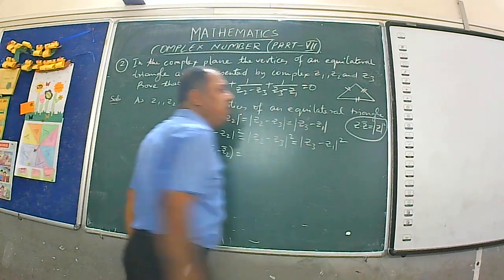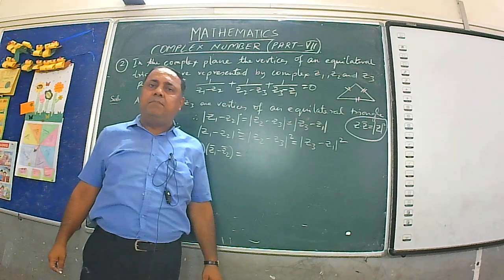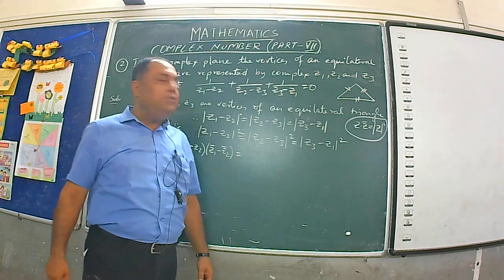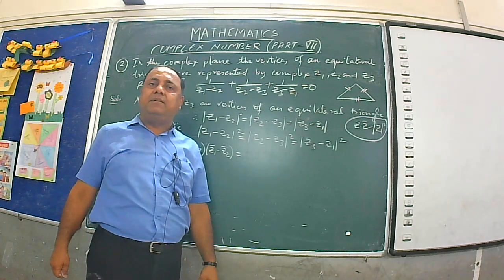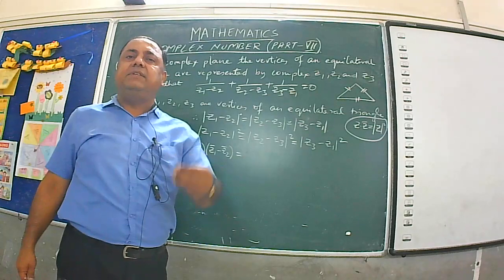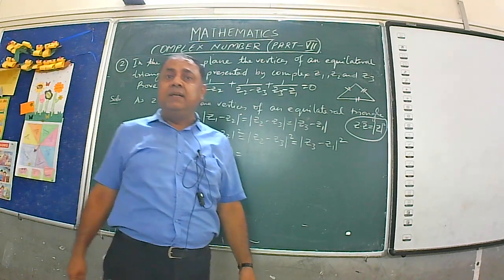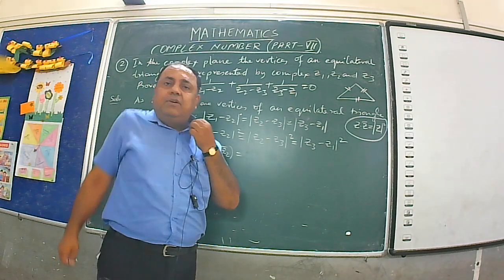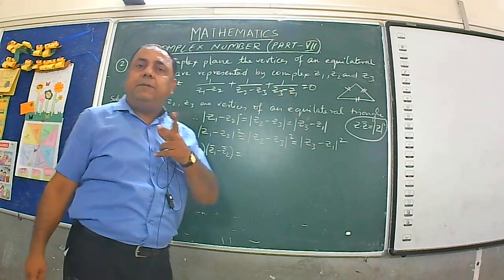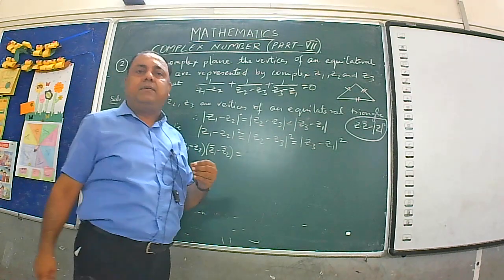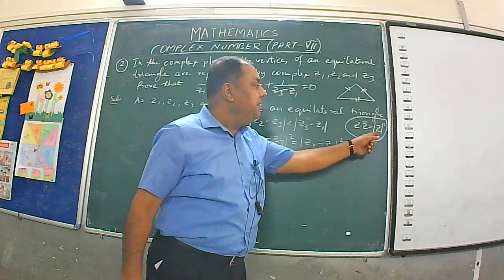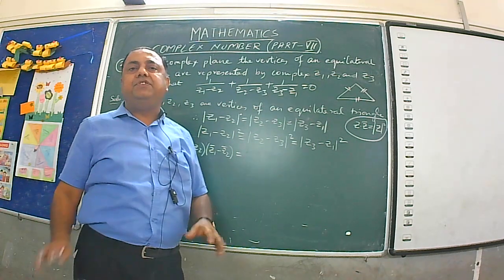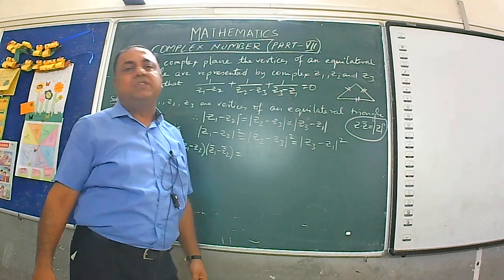An important point as far as complex numbers are concerned: if a complex number and its conjugate are multiplied together, say for example z is equal to x plus iy, therefore z bar is x minus iy, then if I multiply z into z bar, it is simply modulus square, because the left hand side is x square plus y square, which is simply the square of the modulus.